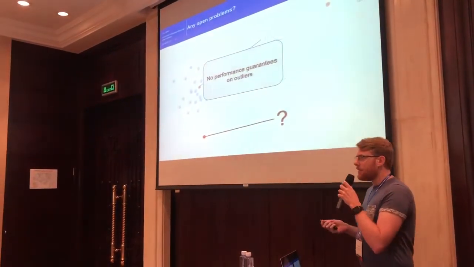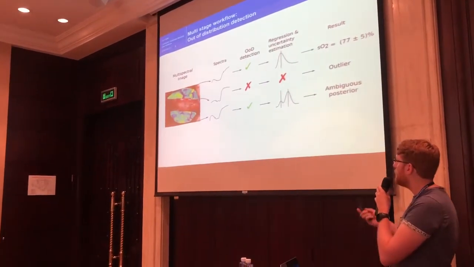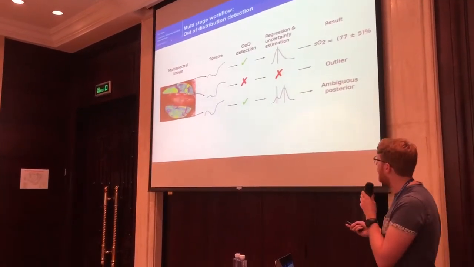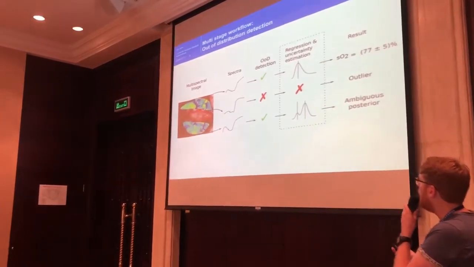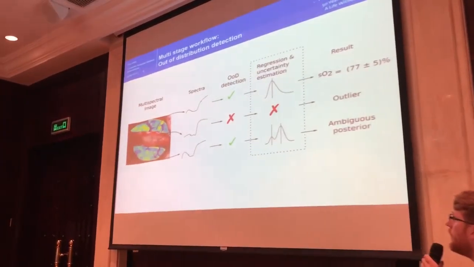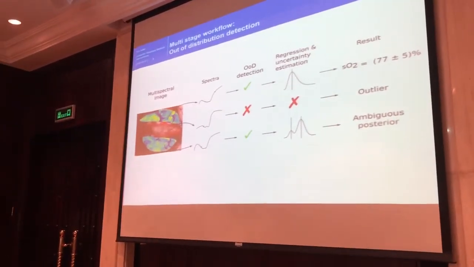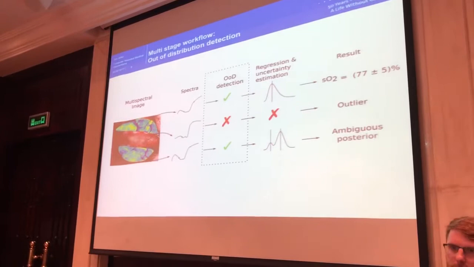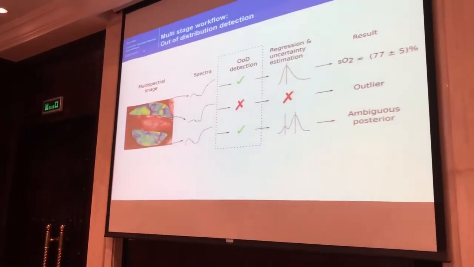And so basically what we decided is we want a multi-stage workflow, where here we have the actual regression part, and before that, we want an out-of-distribution or outlier detection task that filters the samples that we can deal with, so that we don't present spurious results.